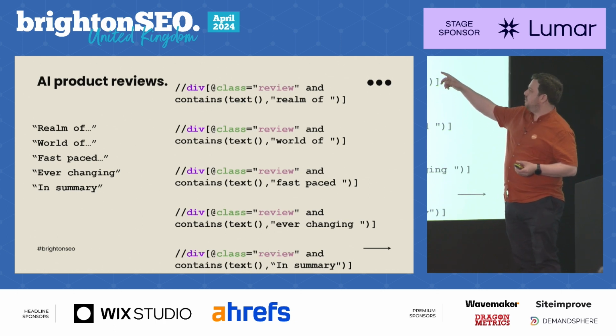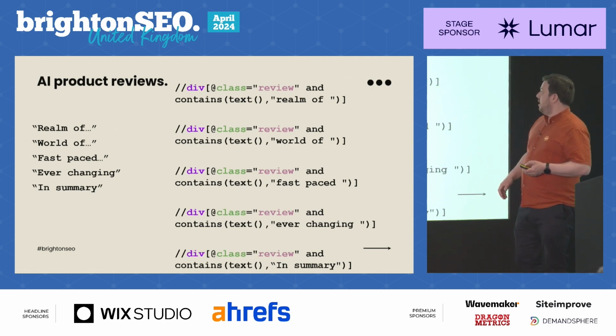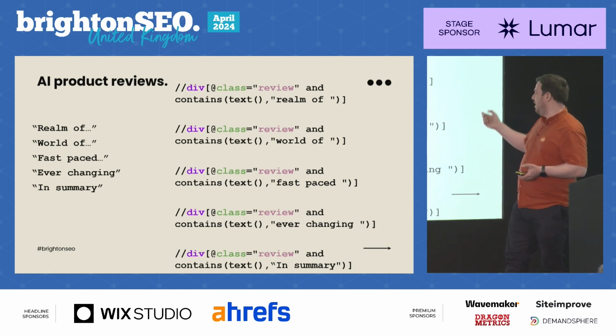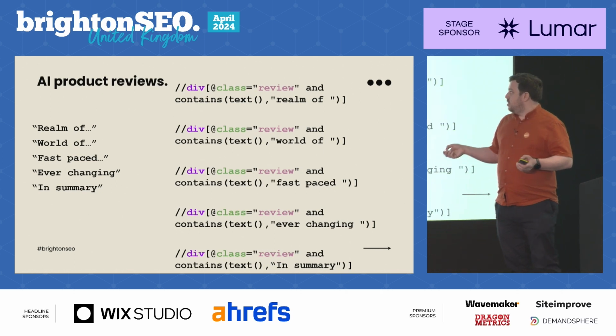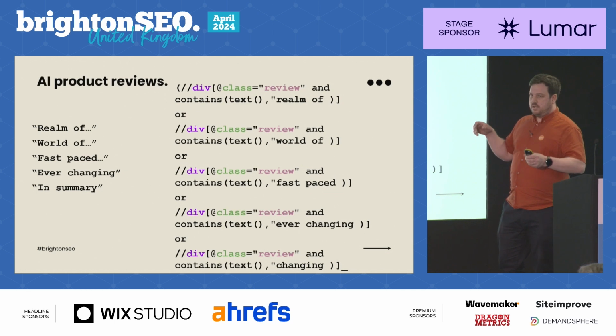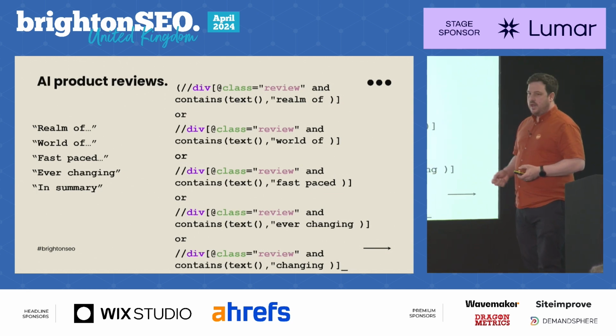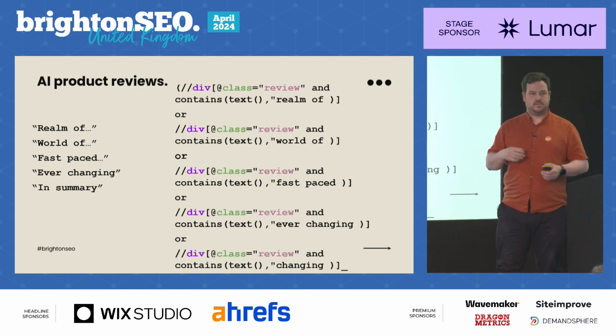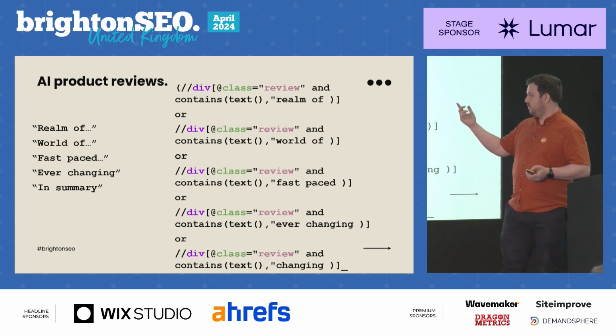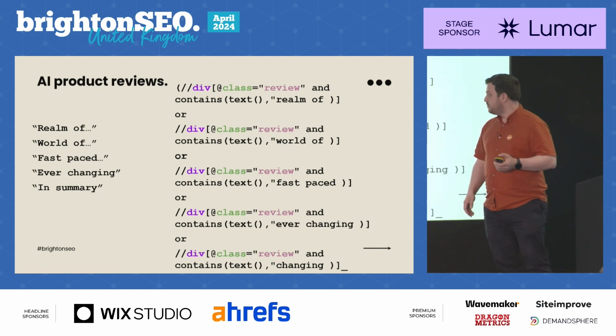Here is a new function called text, and you can look for whether the text contains realm of, world of, in summary, or ever changing. You can then use an or operator, wrap it all in a single set of brackets, stick or in between them all, and have a single Xpath that searches your whole website for examples of this crappy AI content.